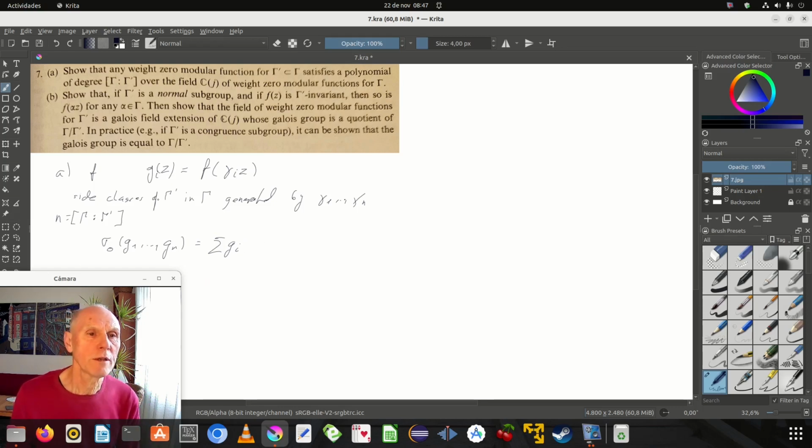And then operated by any gamma. So let's call that S naught. And this is any gamma in SL2 over the integers.